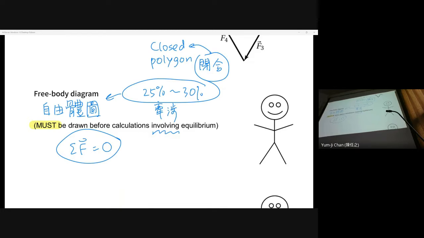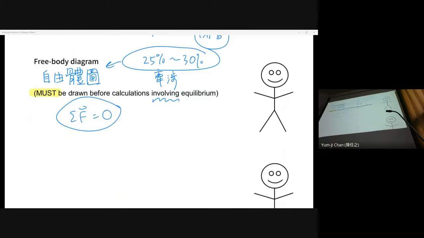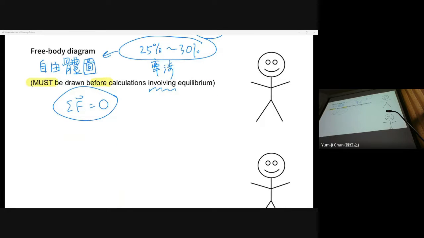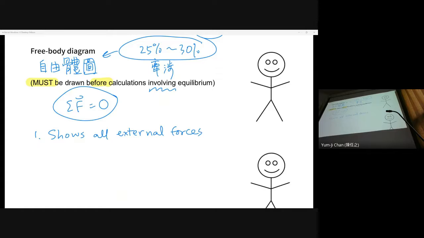Now, so this must be drawn before calculations involving equilibrium. And there are two key points here. The first point: it shows all external forces acting on a body.